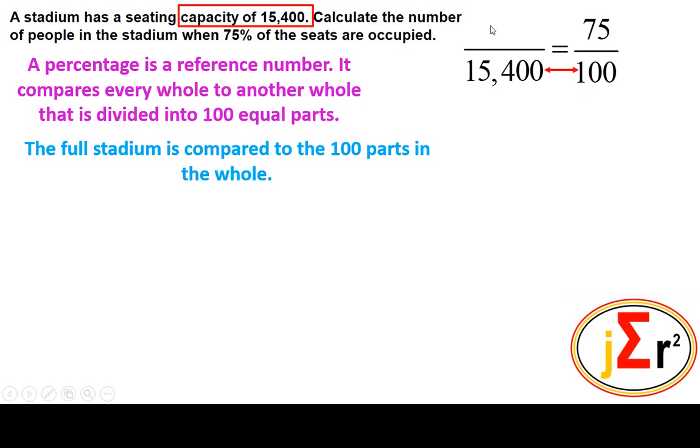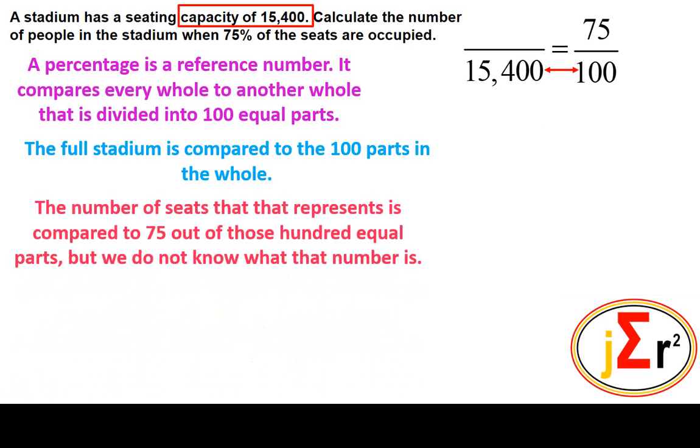Therefore, what number do we place in the numerator that is equivalent to 75? The 15,400 is equivalent to the 100. Then what number will be equivalent to the 75? The number of seats that represents 75 of those 100 equal parts. But we do not know what that number is.